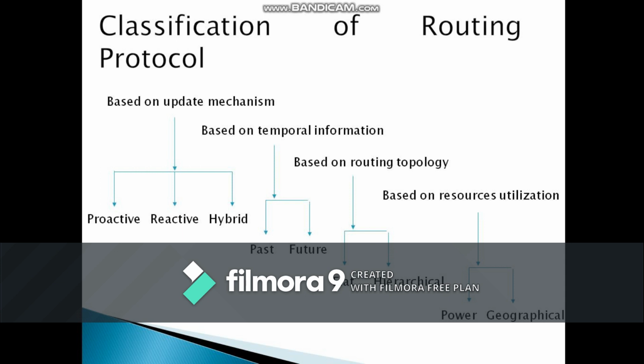According to flat and hierarchical, which is based on topology, the best examples are TORA and SHARP. TORA means Temporally Ordered Routing Algorithm. And on the basis of resource utilization, that is power and geographical, the best example is DART, Dynamic Address Routing.